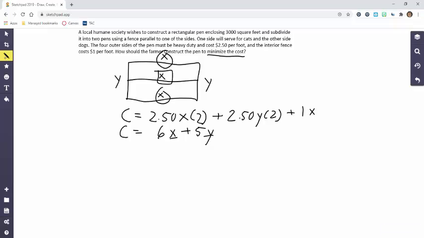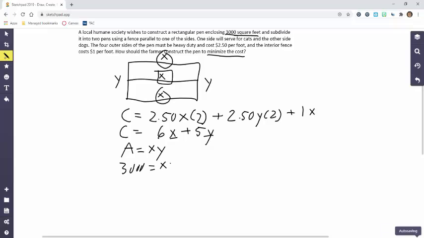We've got to get rid of one of the variables to make it easier to solve. And we can do that by taking into account the area, because we know we need 3,000 square feet. So I'm going to go ahead and write the area equation, because area is X times Y. Area is 3,000, so 3,000 equals X times Y.